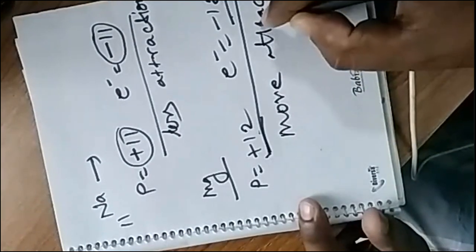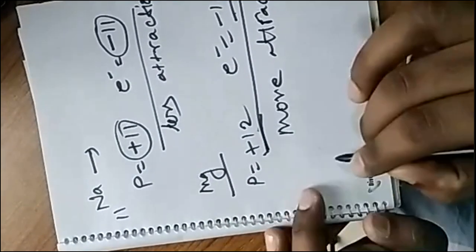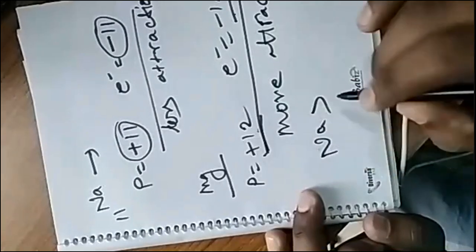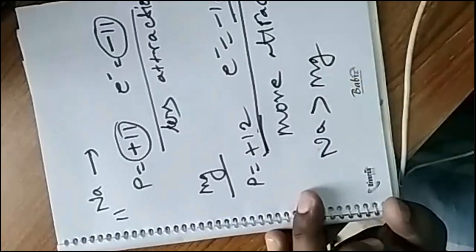That's why more attraction means they come closer to each other. That's why the atomic size of magnesium is smaller than that of sodium. So sodium is large in size compared to magnesium.